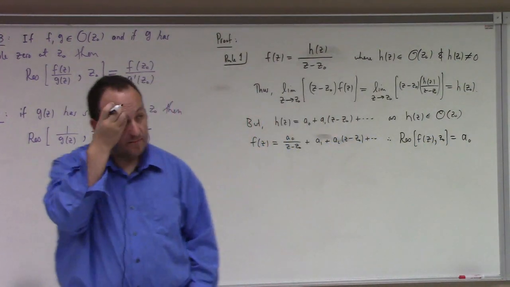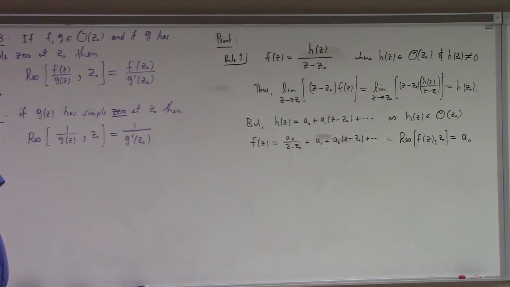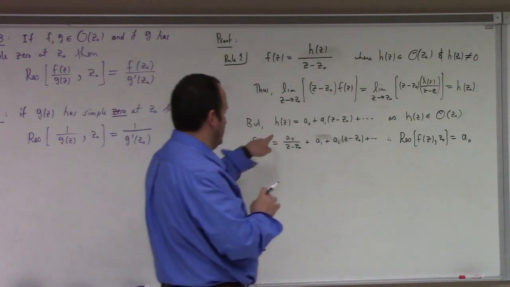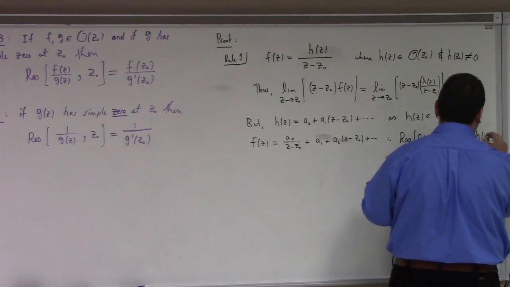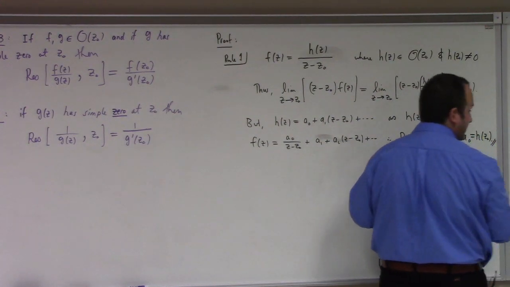But what is a sub 0? What happens if we plug in z naught into h of z? What's h of z naught? It's a0, right? So this is equal to h of z naught, and that proves rule 1.